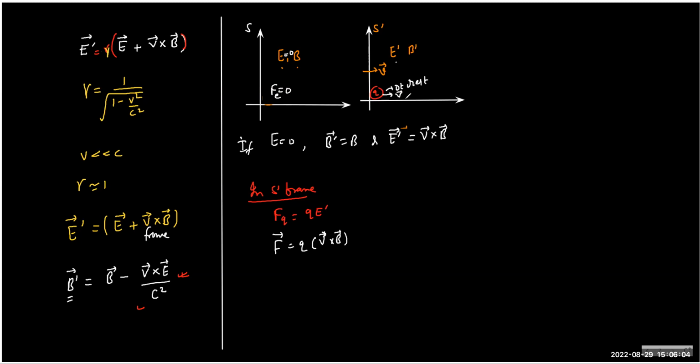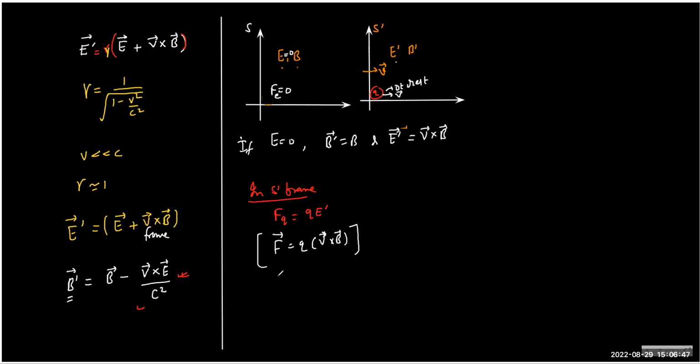If we attach a frame along with the charge, it appears at rest, and therefore it will not experience the magnetic force. The only force it can experience is electric, and the electric force itself gives you the answer. So this force must be the magnetic force in the ground frame, isn't it? Yes, sir. In the ground frame, you can clearly see the charge in motion will experience force due to the magnetic field present, and the force is given by F equals Q into V cross B.